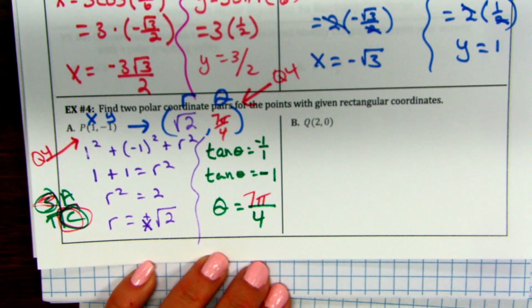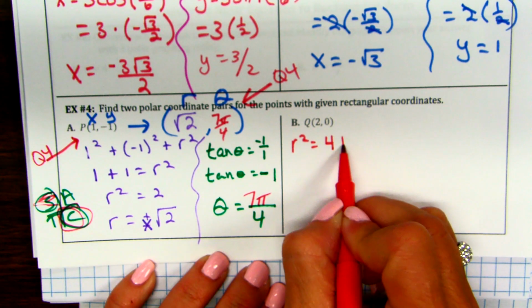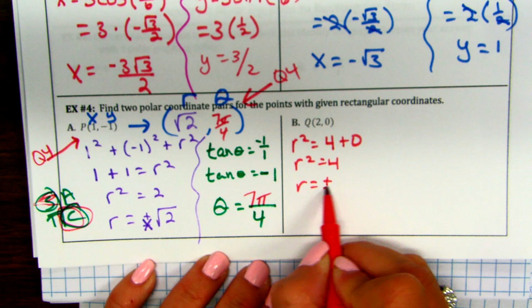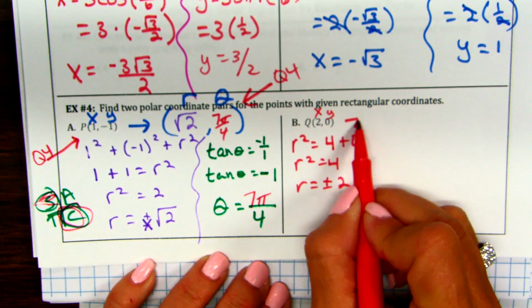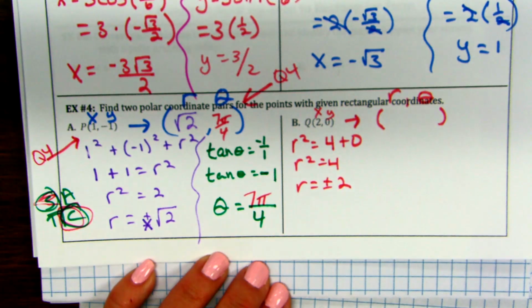Okay? One more of those. r squared equals x squared plus y squared. Right? So we're going from x and y to r and theta.